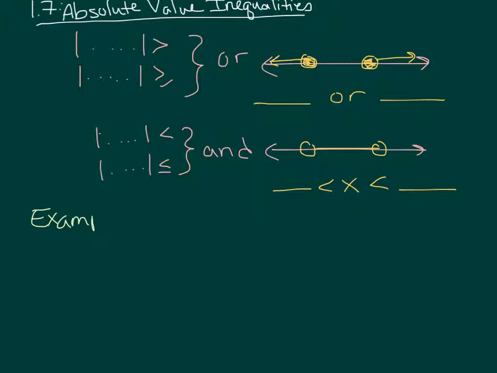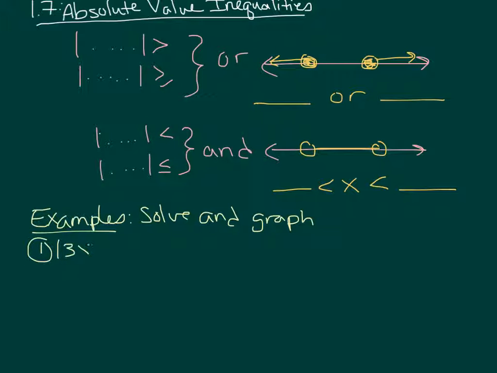And for these examples, we are going to solve and graph. So my first one is the absolute value of 3x minus 7 is greater than or equal to 5. So you might be able to tell right away by looking at the top part of this slide that this is going to be an OR, which is a good thing to know.